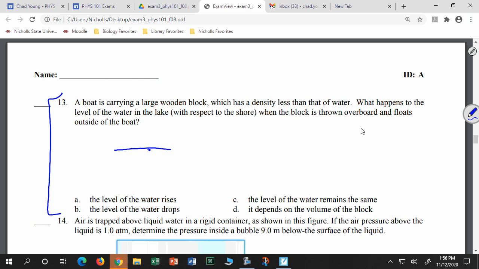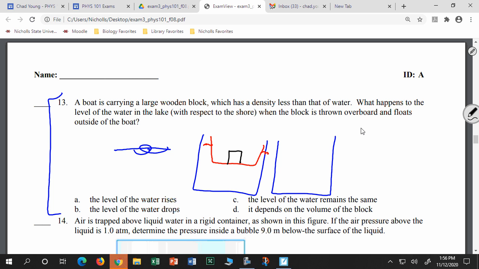But here, if I have a container, lake is sort of confusing, but if I just think of a boat like in a container like this, there's an object in it, and here's my water level right here. And then if I throw the object overboard, like a piece of steel or whatever, the overall level of the lake is going to go down, and in fact, the boat will go up.